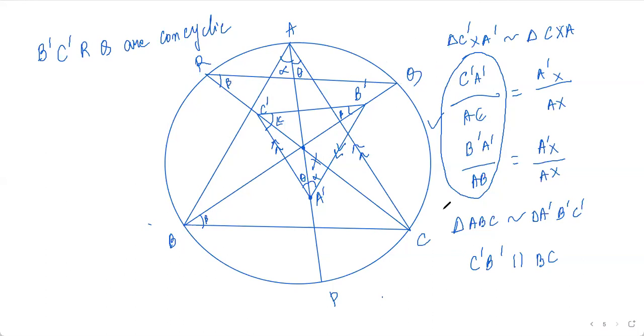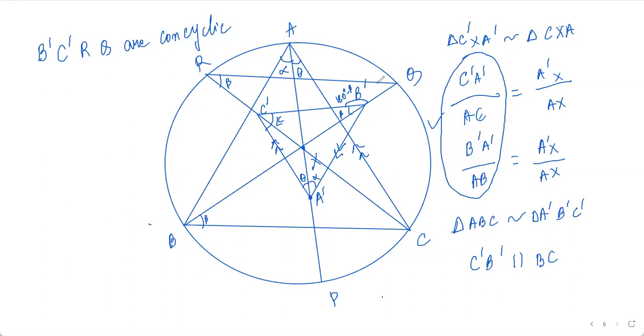Now what is C dash B dash Q? We have just proved it is a cyclic quadrilateral. C dash B dash Q is 180 minus beta, so opposite angles sum up to 180. So this is 180 minus beta.